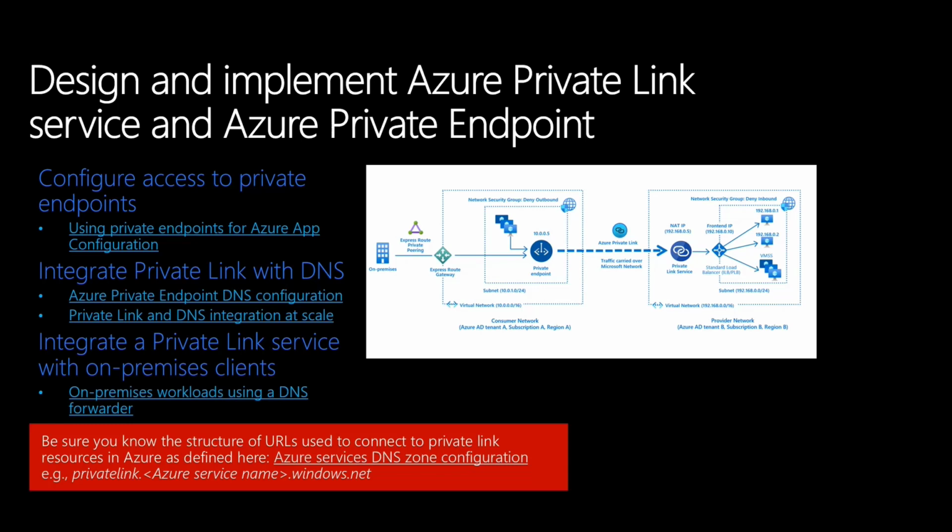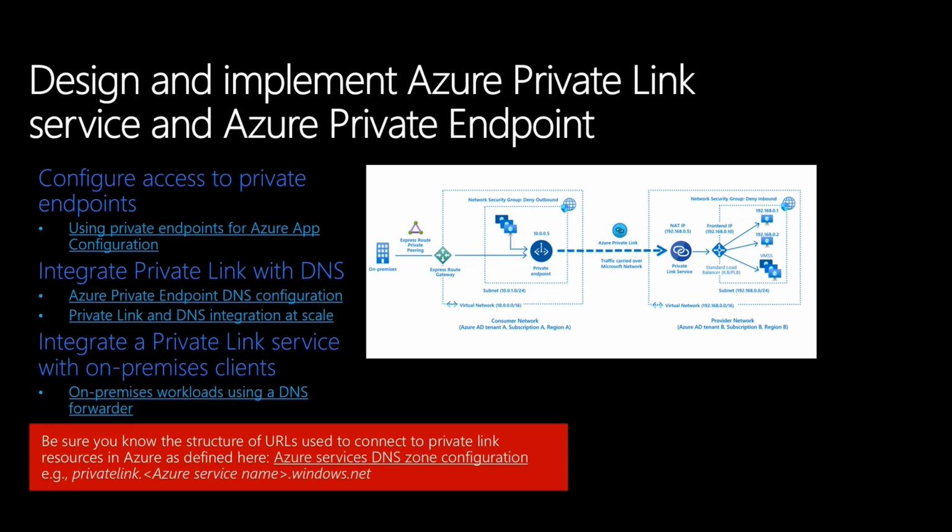Azure Private Link allows access to a set of Azure resources over private endpoints, but it does require that those private endpoint records are registered in a corresponding private DNS zone. So because of that, it's important to correctly configure your DNS settings to allow clients to resolve the private endpoint IP address to the fully qualified domain name of the connection string, as an example for a database.